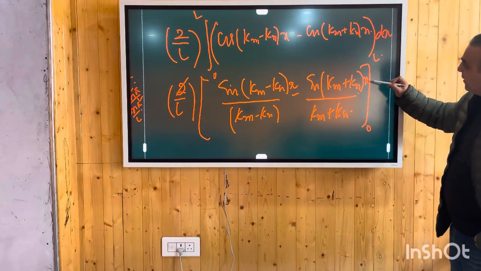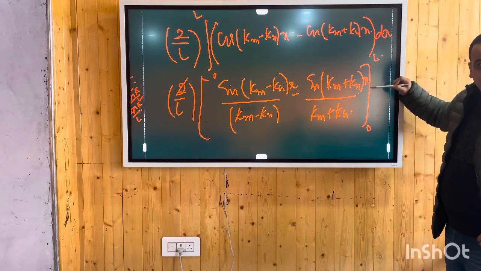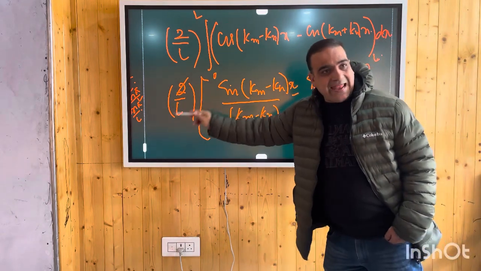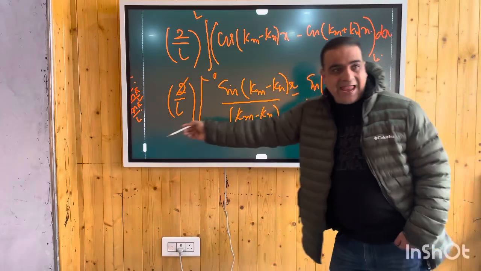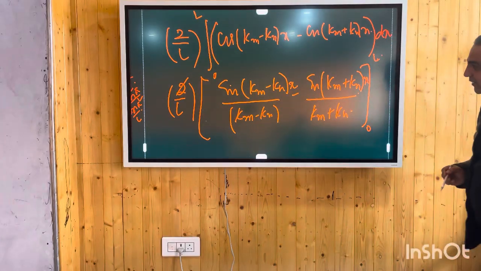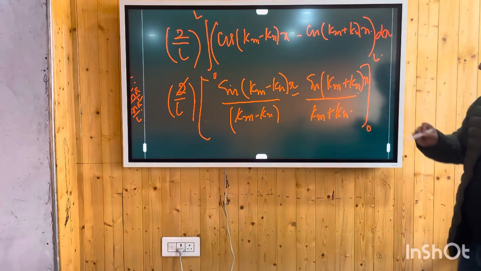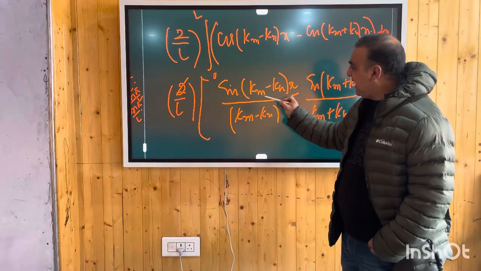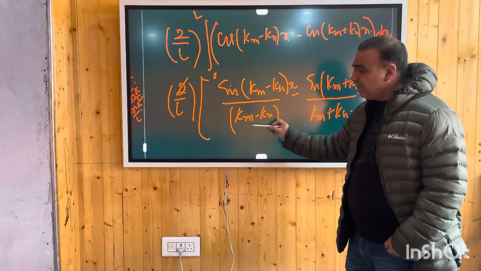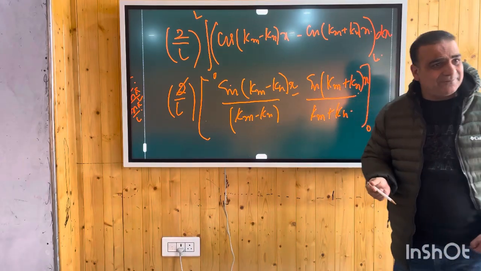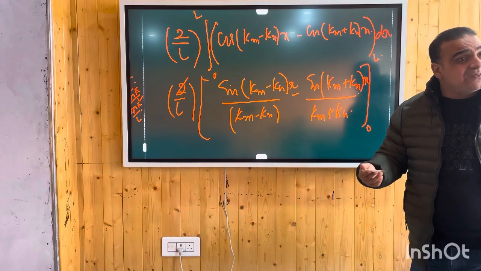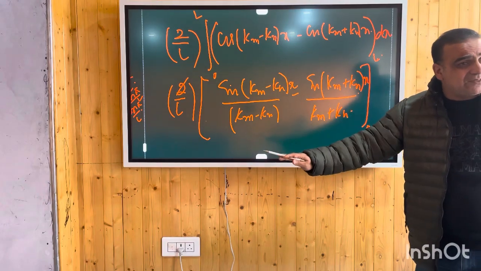And here again, this x will be replaced by L, and that L will be cancelled because you can have common L. So what is happening when you give the upper limit? You are getting sine (Km minus Kn) L by (Km minus Kn), isn't it? And then the lower limit will be 0. So the lower limit is gone.